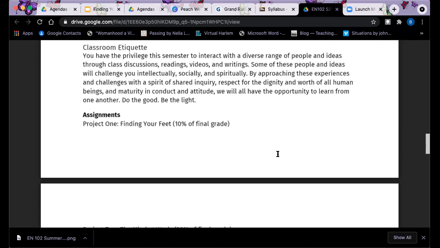My motto for us is do the good, be the light. Okay? You don't have to agree with everyone. In fact, you shouldn't just agree with everyone. But you do have to show people respect. You do have to allow other people to have their own ideas, their own beliefs, their own worldviews. You have to allow that. Otherwise, you can't expect that for yourself from other people.